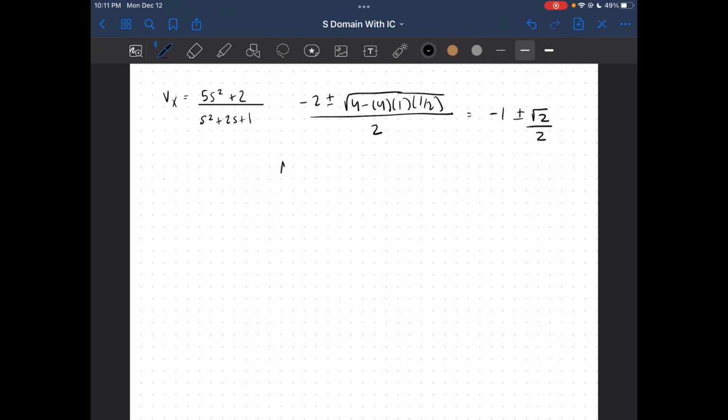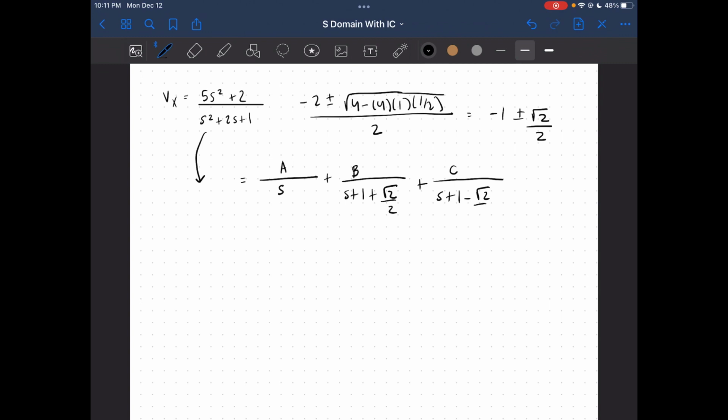And then we're going to separate it into partial fraction decomposition by doing A over s plus B over s plus 1 plus square root 2 over 2 plus C over s plus 1 minus square root 2 over 2. And then all of this is equal to right there.